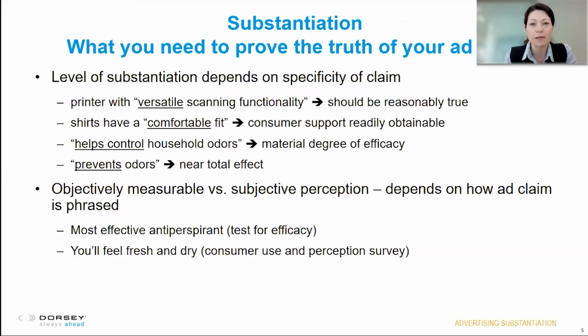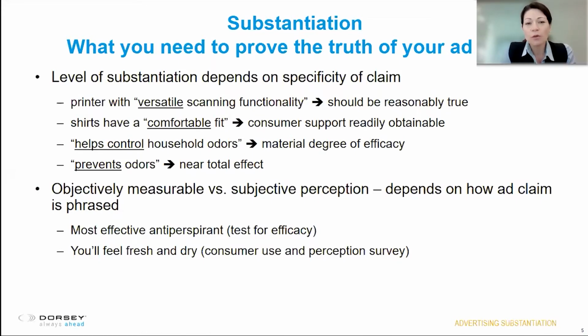So we have 4 examples here on this slide. They go from less specific or strong claims to more specific or strong. The first is a printer with versatile scanning functionality. Your scanning printer should have versatile scanning functionality. Shirts have a comfortable fit. You should have consumer support readily obtainable that the fit of the shirt is in fact comfortable.